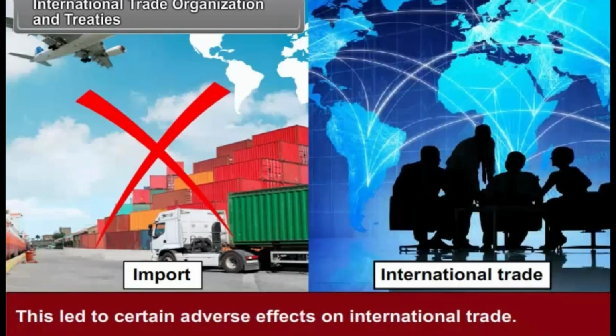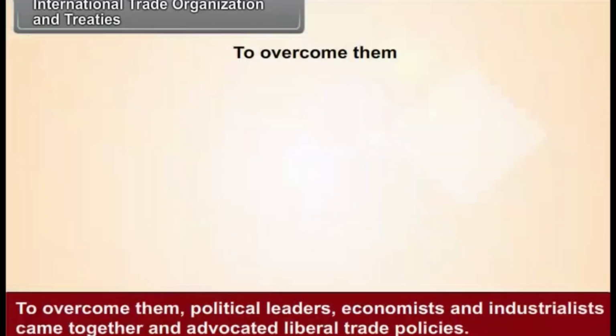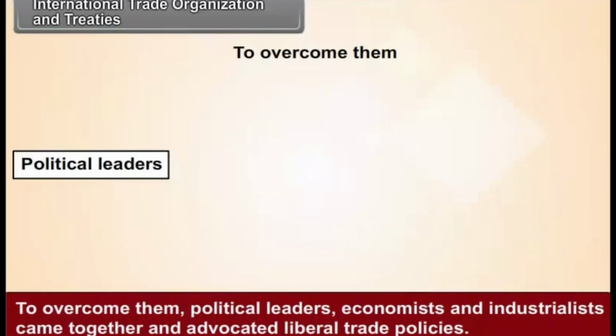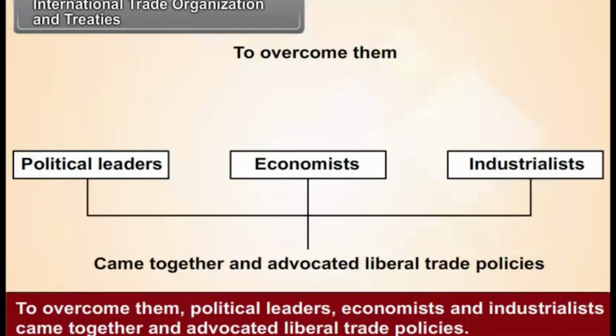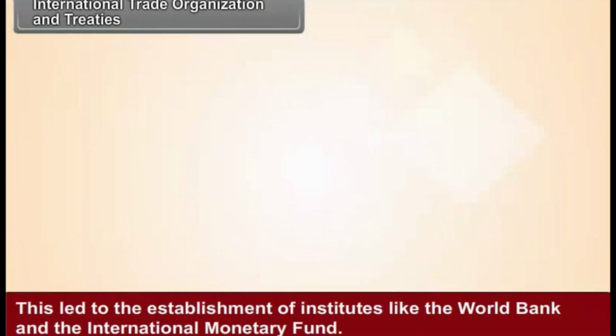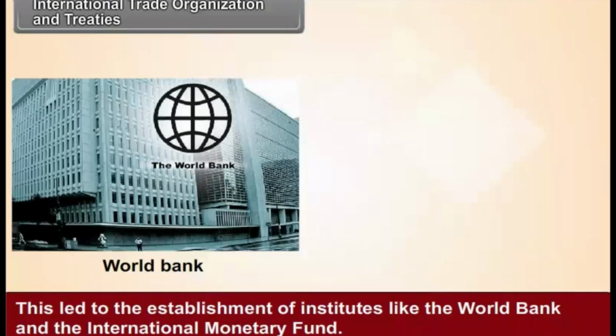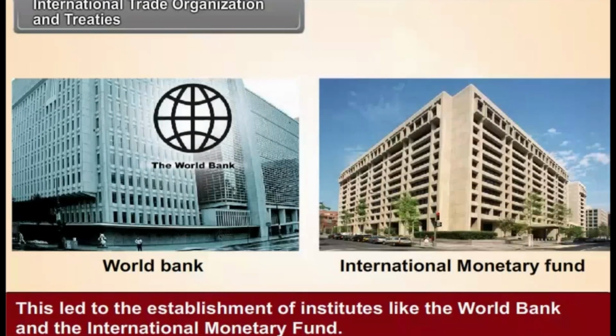These led to certain adverse effects on international trade. To overcome them, political leaders, economists and industrialists came together and advocated liberal trade policies. These led to the establishment of institutes like the World Bank and the International Monetary Fund.